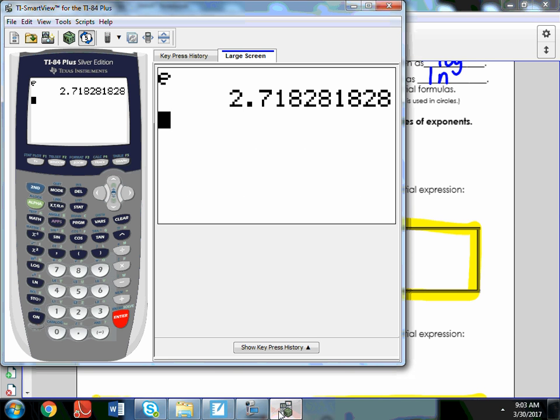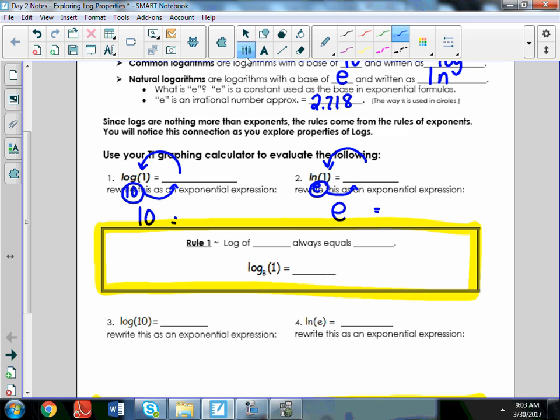You just press log 1, and you should always close the parentheses. And it gives you 0. The other one was natural log 1, close your parentheses, and it gives you 0. So on those blanks, we know this is 0, and this is 0.